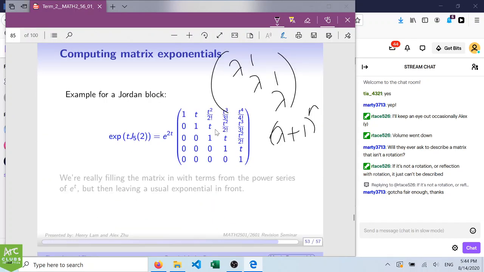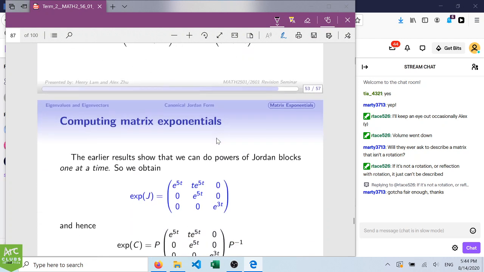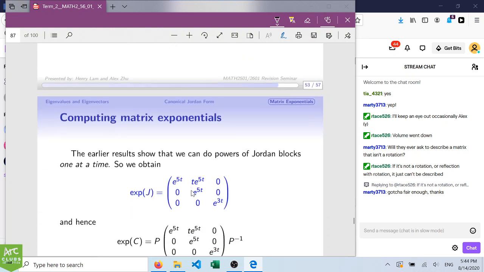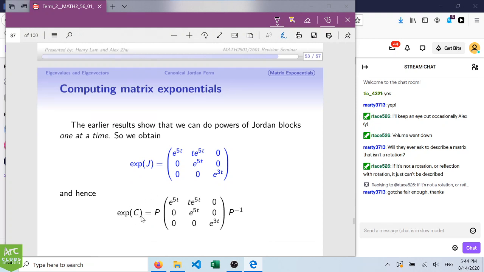If it's any higher power of a Jordan block, remember there's a t squared on 2 factorial, or a t cubed on 3 factorial. But in this case, it's just a t, because it's 2 by 2. And then for the exponentiation of C, you just have P times the exponential of J times P inverse.